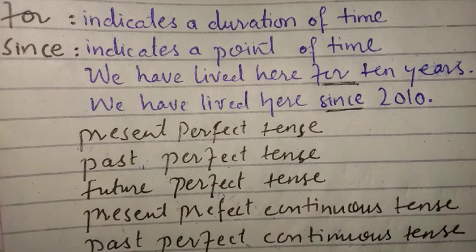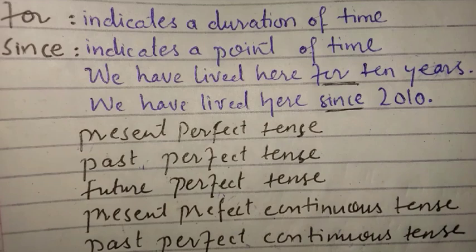Then there is a difference between for and since. For indicates a duration of time, whereas since indicates an exact point in time. We have lived here for 10 years, like from 2000 to 2010, or from 2010 to 2020.